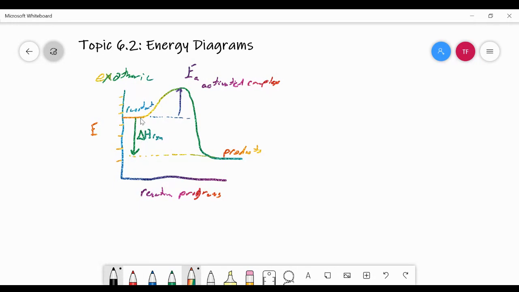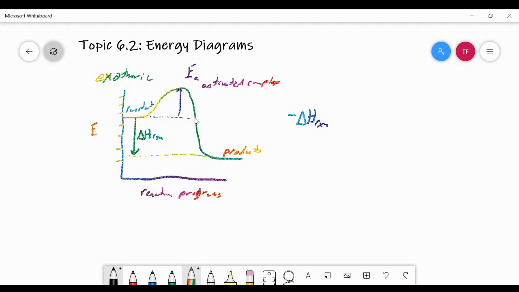The products are lower than the reactants. So in an exothermic reaction, your enthalpy of reaction is negative. So energy was lost. So we have our reactants up here, products down here, reaction progress, took energy to make this reaction occur. So that is our exothermic energy diagram.